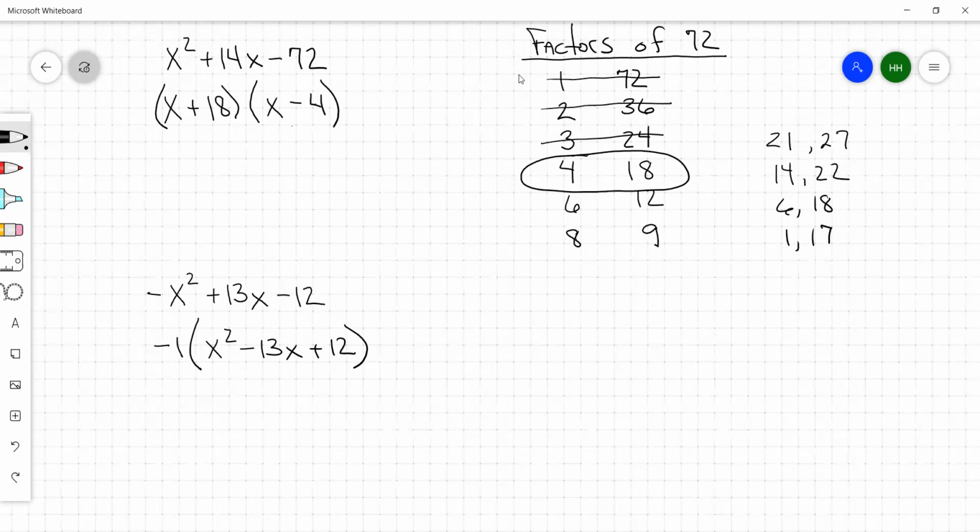And now we're doing our factors of 12 over here. So we've got 1 and 12, 2 and 6, 3 and 4, 4 and 3, 6 and 2, 12 and 1. All right? So with a 3 and a 4, can you get to a 13?